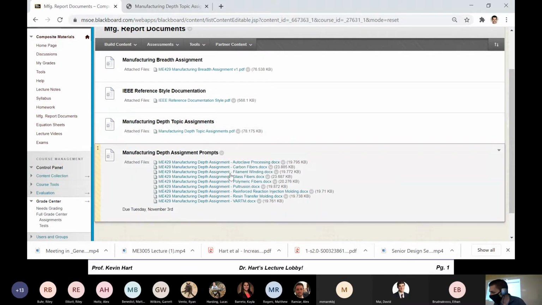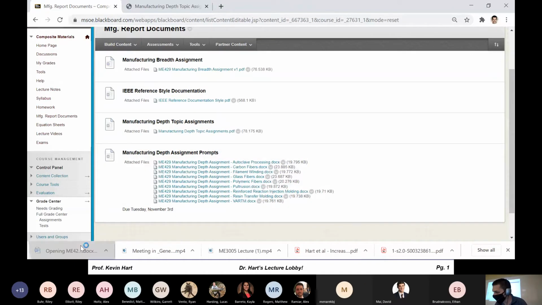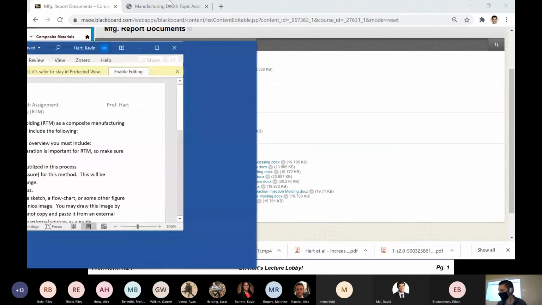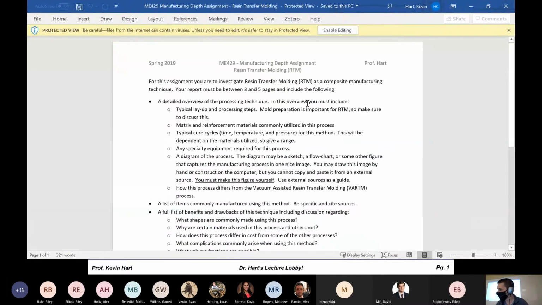We come over here, we look at the resin transfer molding. You can click on this, download it and open it. And Preston gets to read all about what he has to write about. I've tried to give as much detail about what I want for this assignment as I can. Preston, you need a detailed overview of the processing technique. You have to make a figure showing what the process looks like, and you must make this figure yourself.